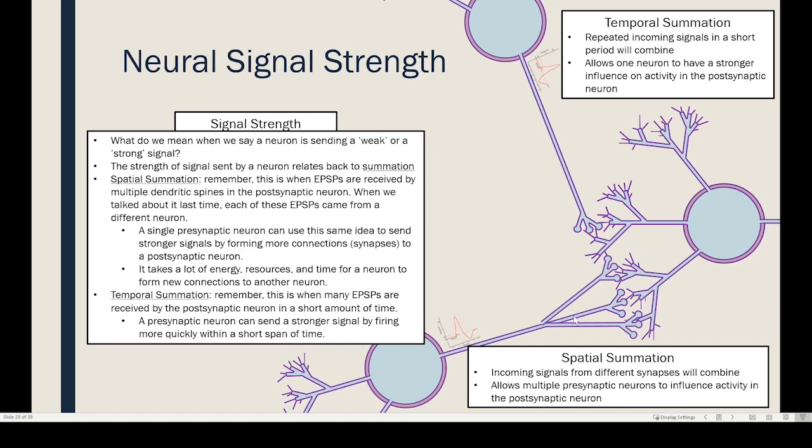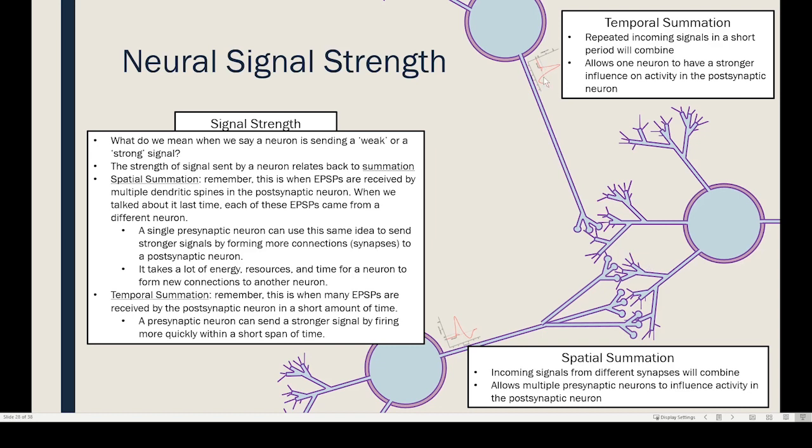So this actually takes a lot of energy and resources and time. So if a neuron feels like it needs to send a stronger signal on a regular basis to another neuron, it would use this kind of spatial summation approach. It would grow out more axons or branches of its axon and synapse to more dendritic spines on the postsynaptic neuron.